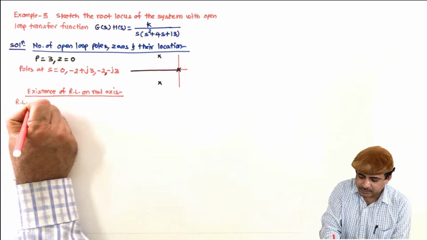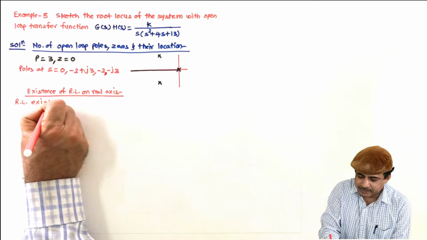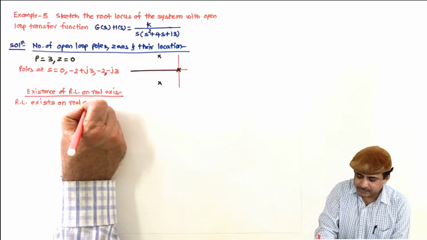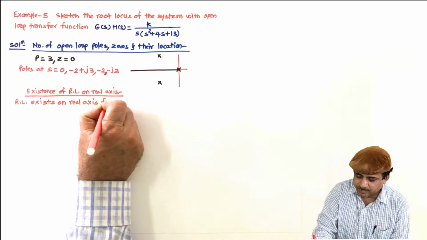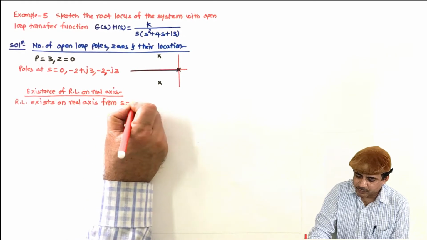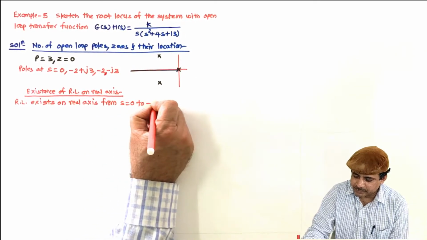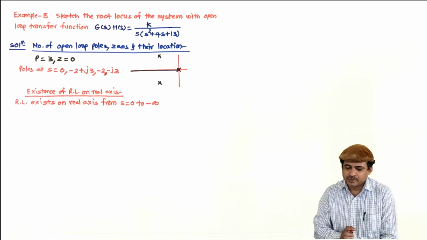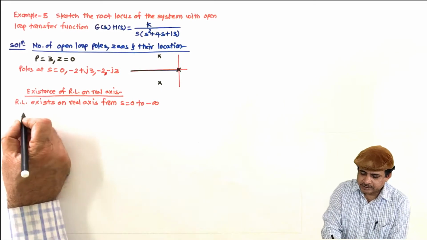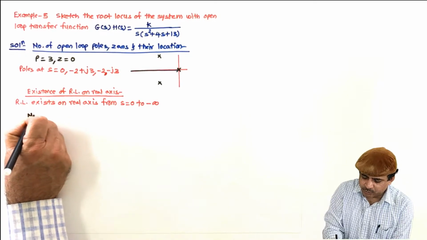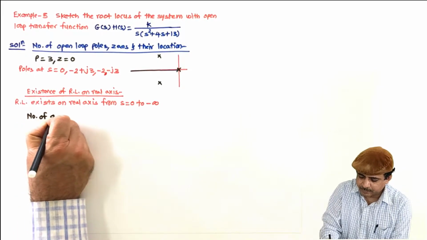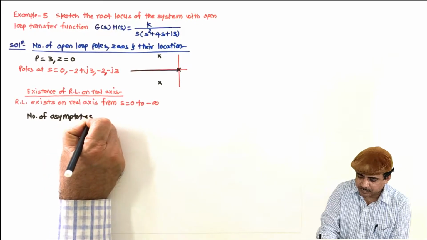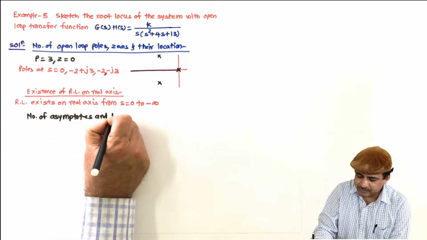Root locus exists on real axis from s equal to 0 to minus infinity, that is entire left half of S plane. Next is number of asymptotes and their angles.